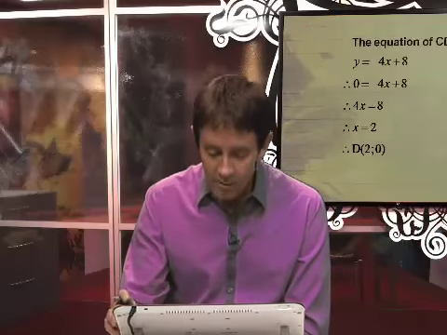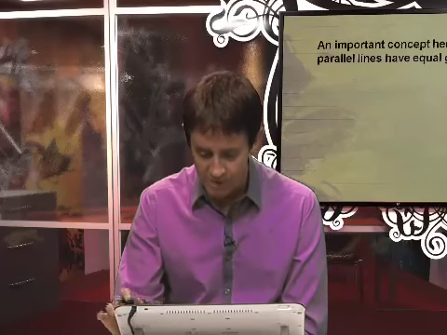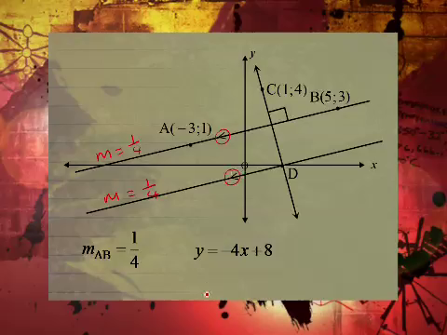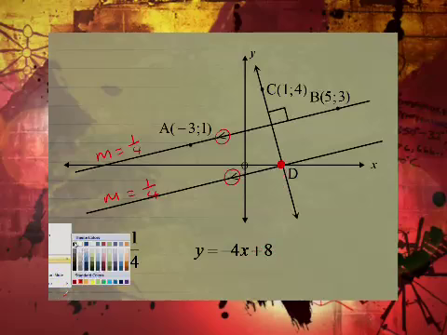Now let me go back to the graph, and let's see. What do we now have? Remember, what did we do? Let's just summarize this. The gradient here is 1/4. So the gradient of this line is also 1/4 because these lines are parallel. We need this point. How did we do it? I'm going to use a different color here.